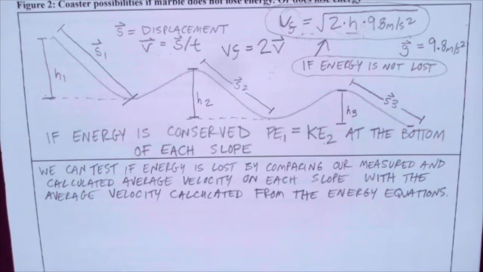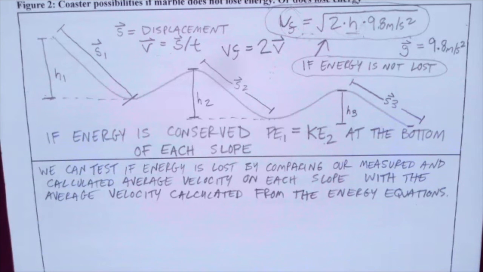And if I am correct, my velocity calculated with the energy equations will be what, Bridget, compared to my measured velocity? The velocity, if I'm true about energy being lost but not conserved, will be less, okay?